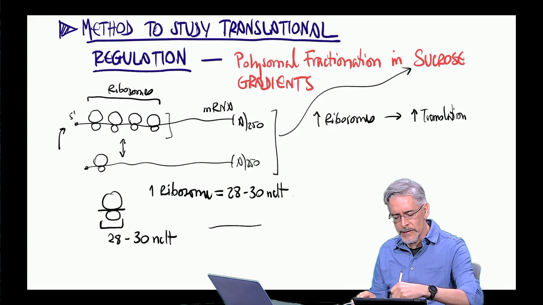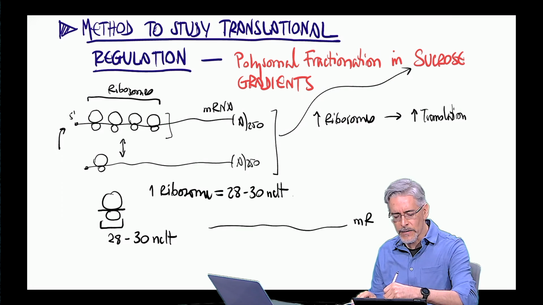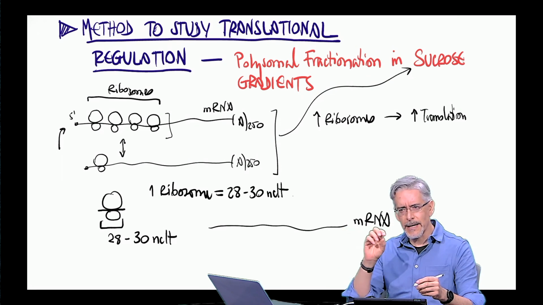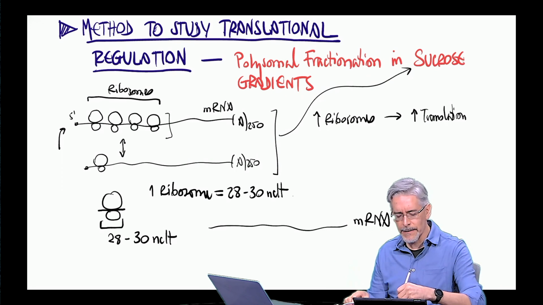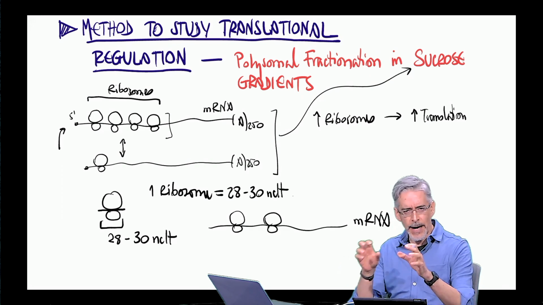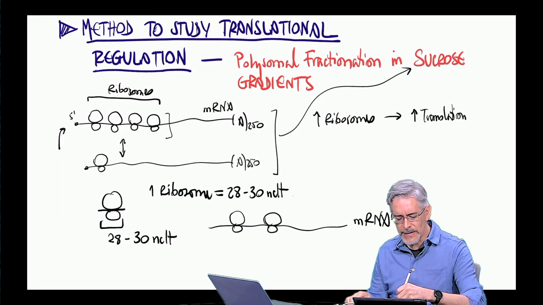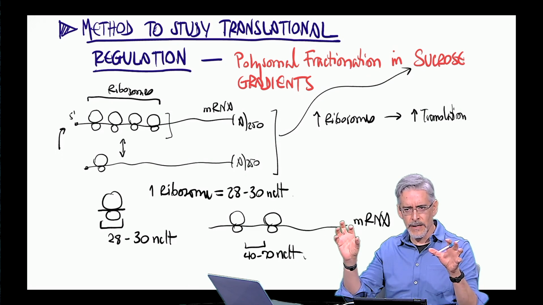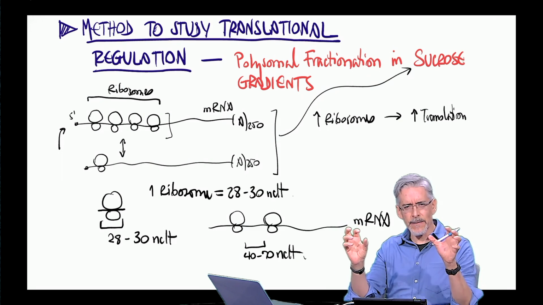There are regions in messenger RNA molecules where ribosomes will move relatively smoothly and at a relatively high speed. And in those regions of messenger RNA, the maximum packing that you can have is somewhere between 40 to 70 nucleotides of spacing in between consecutive ribosomes. So that's kind of like the normal spacing.